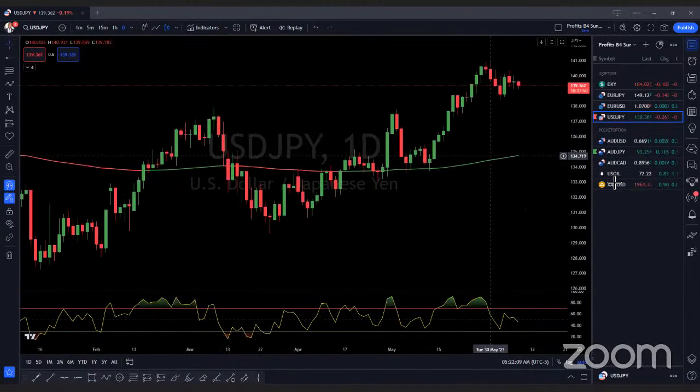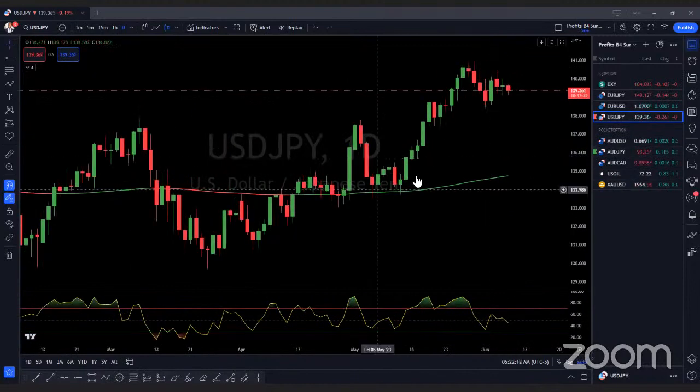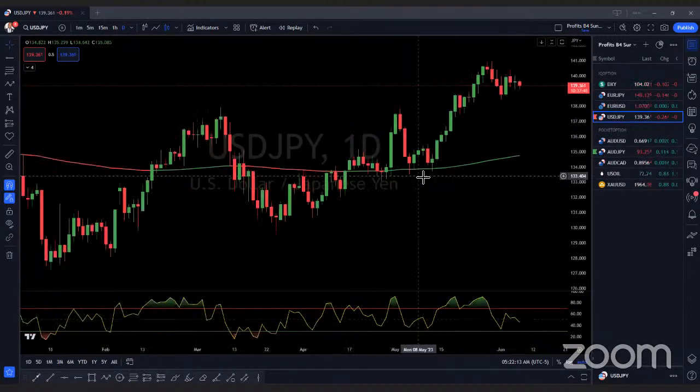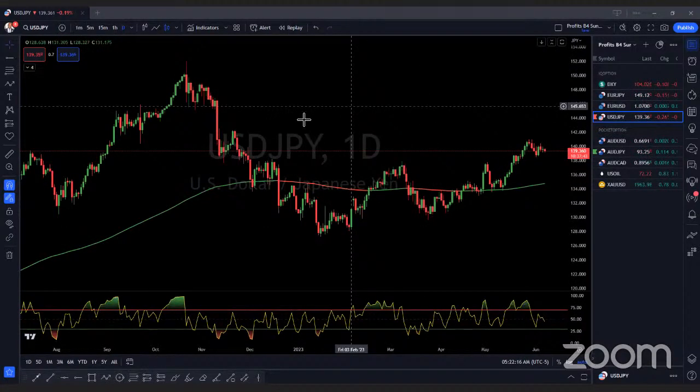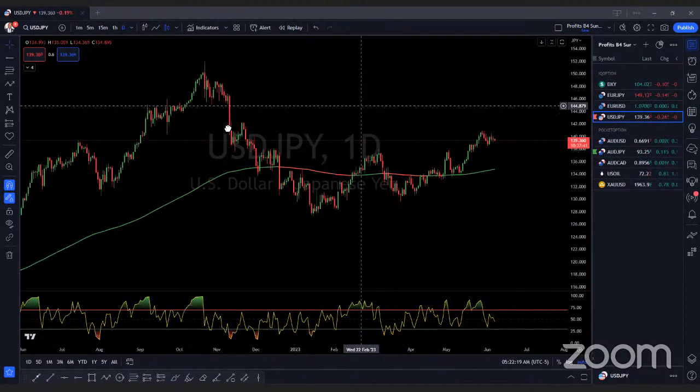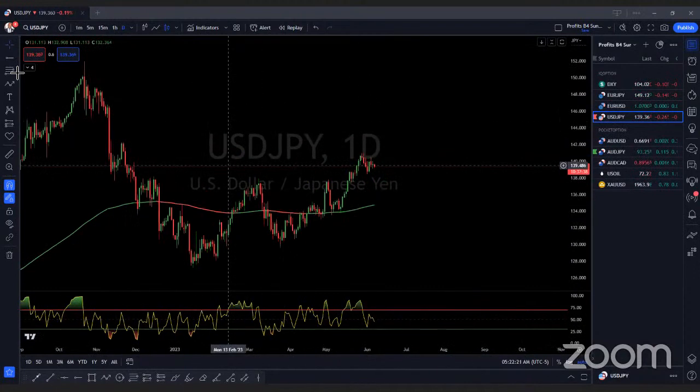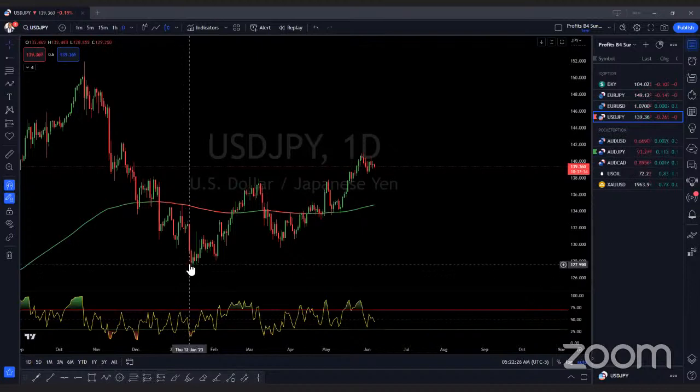On the daily, I can see that we're transitioning up. We are in an uptrend, guys, if you can see it. Over the last several weeks, we turned around on January the 23rd.